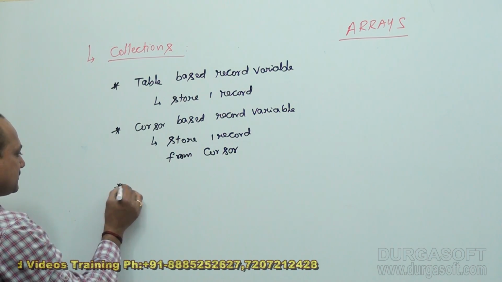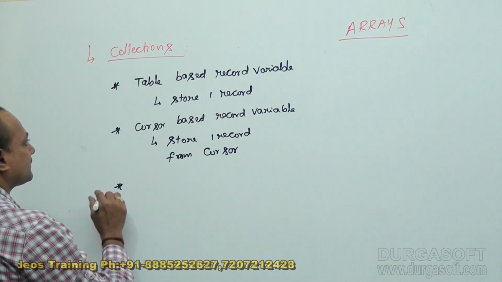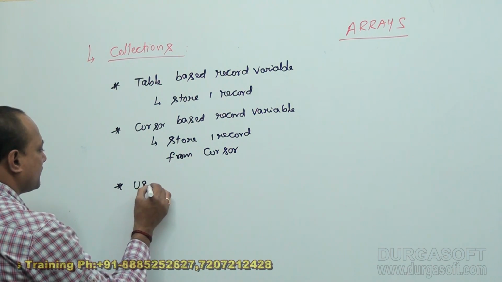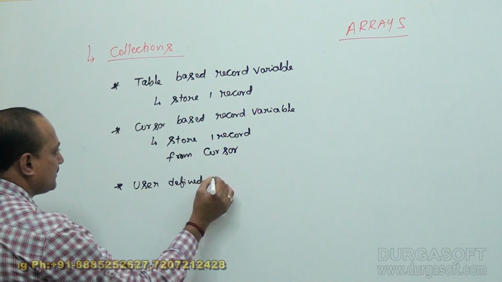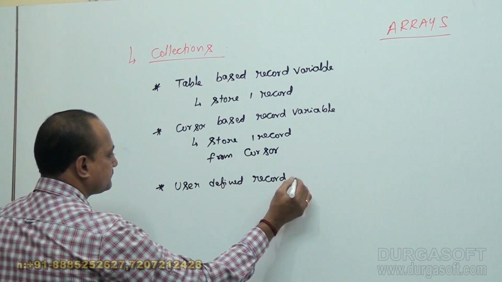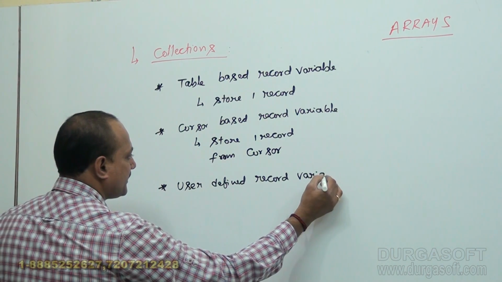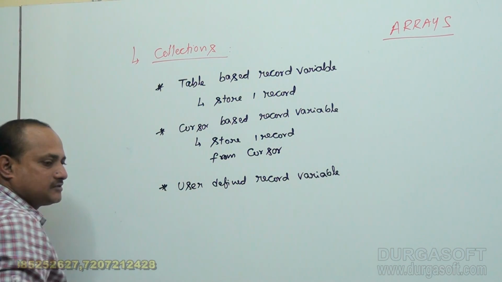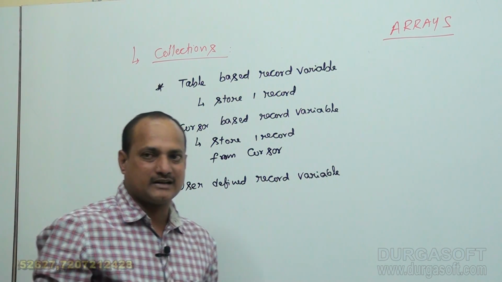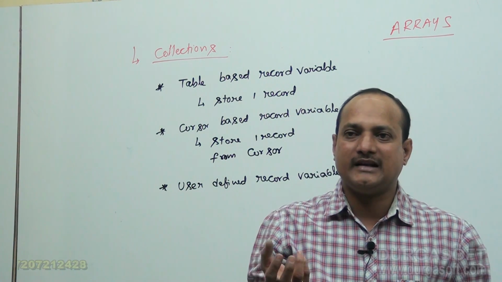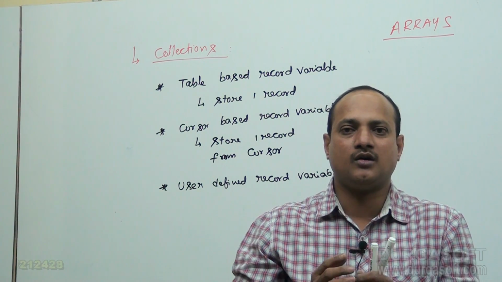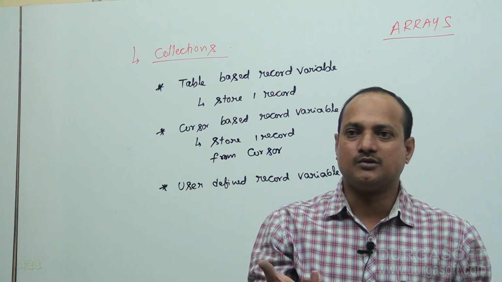Next, the third point is the user defined record type variable. By using type, we are creating a record. Into that record, we will take only the necessary columns. We will not take all columns from the table, only the required columns.